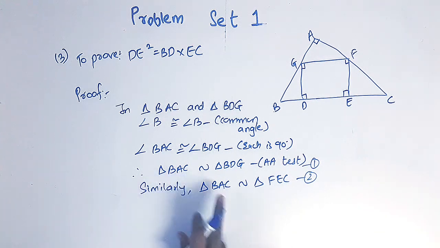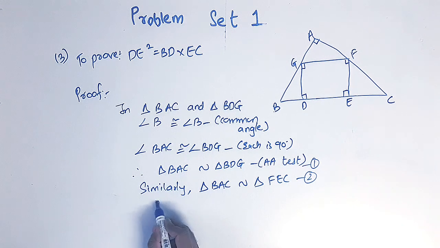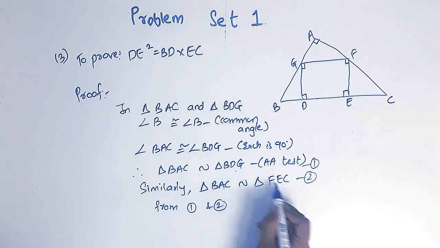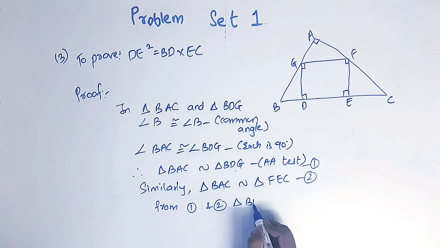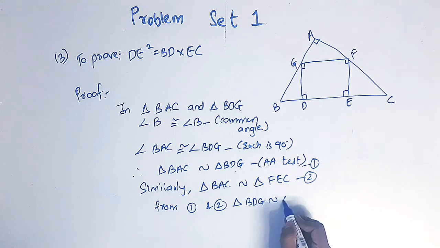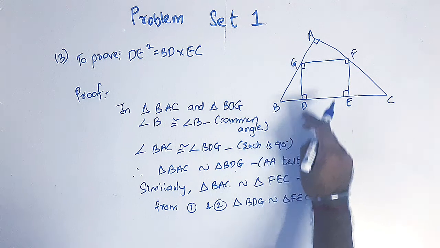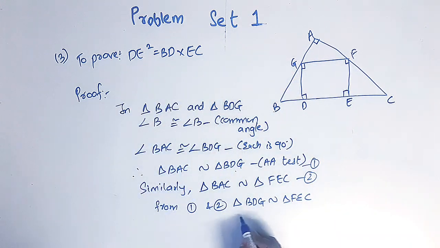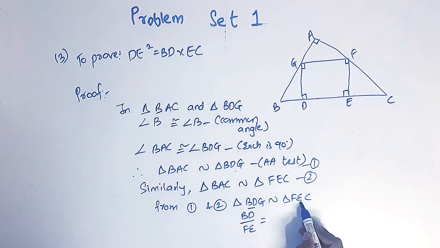As you can see, something is common in point number 1 and 2. So from 1 and 2 you will get these two triangles similar, triangle BDG similar to triangle FEC. Now I'll take out BD upon FE is equal to, I want EC, so I'll get from second and third, DG upon EC.